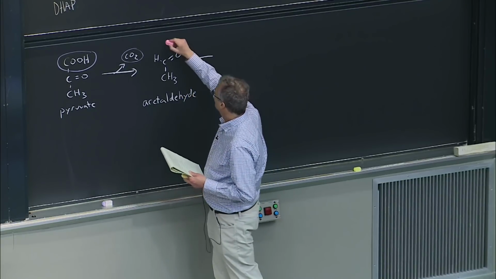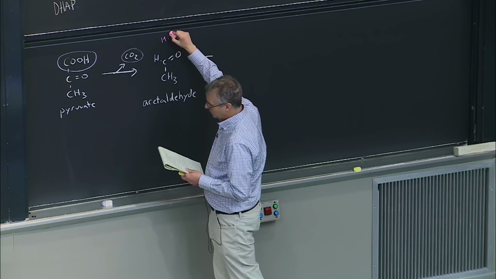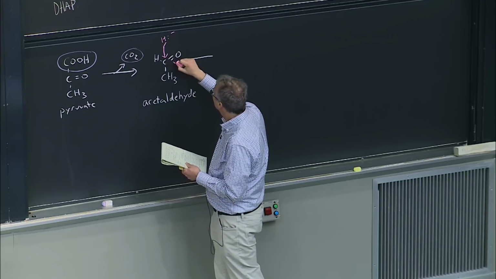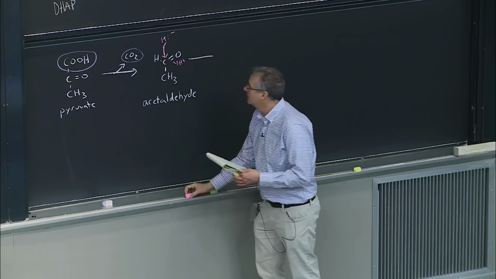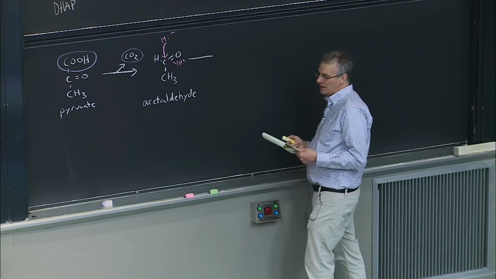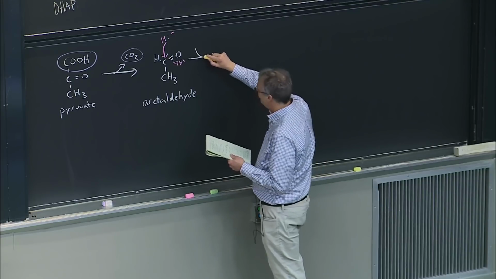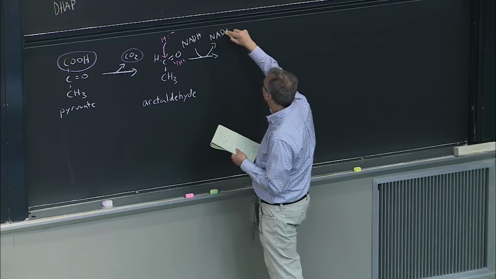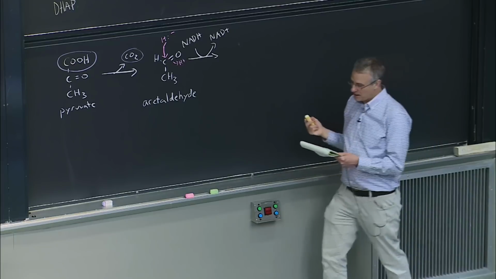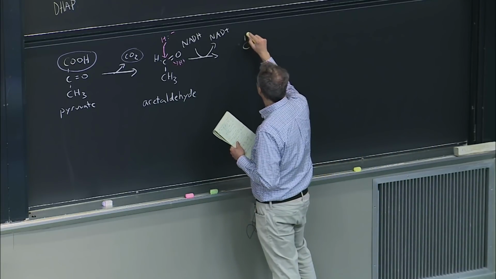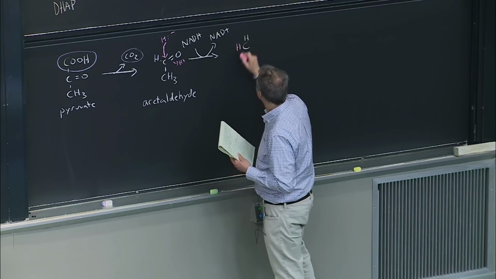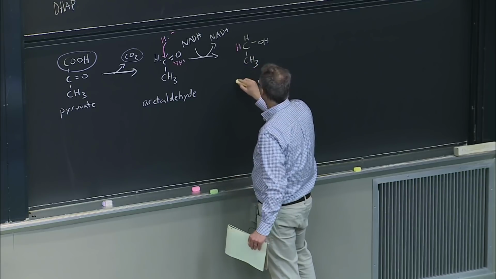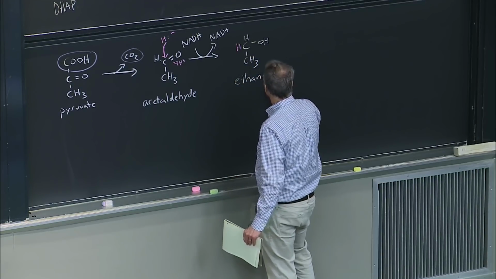And now we can pick up those 2 electrons from NADH and reduce this aldehyde to the alcohol, reoxidizing that NADH back to NAD plus and generating ethyl alcohol or ethanol.